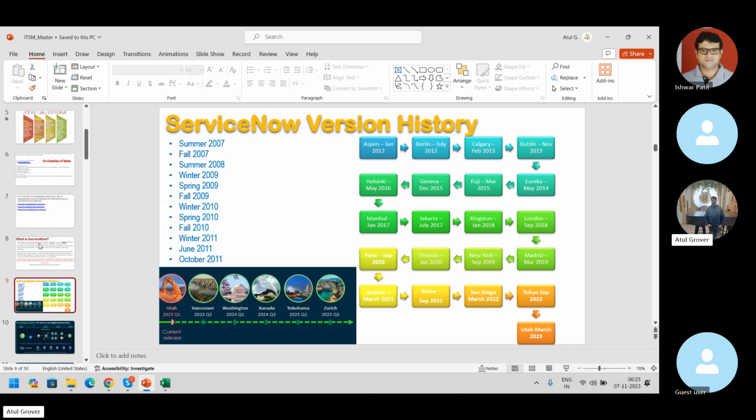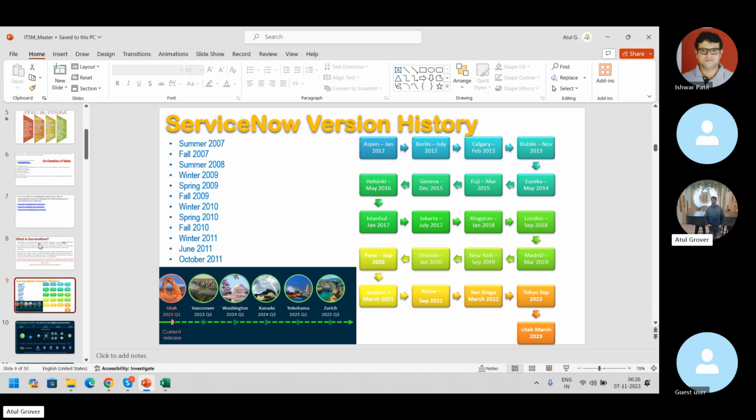Every product has a history. Like iPhone has a long history. Releases iPhone 13, 14, 14 Pro. Even I don't remember how many versions of iPhone came. Like 14, 14 Pro, 14 Plus, 14 Pro Max. Not sure. In the same manner, ServiceNow also has a version history.